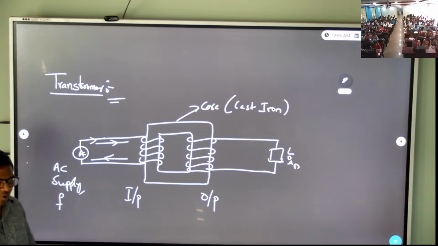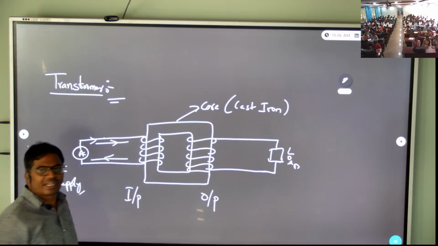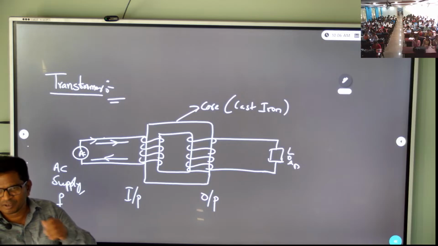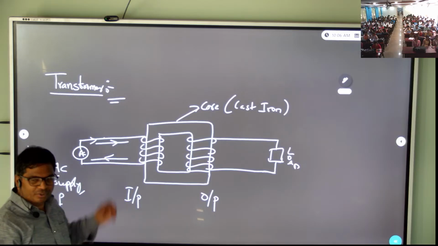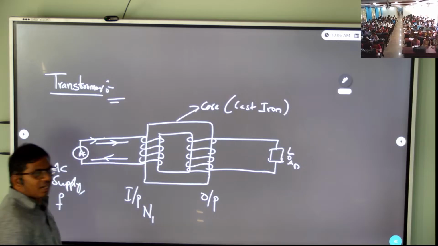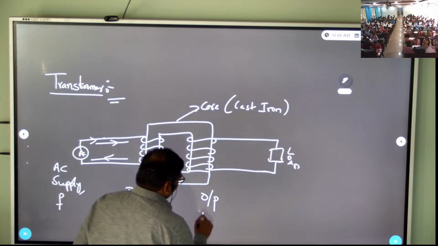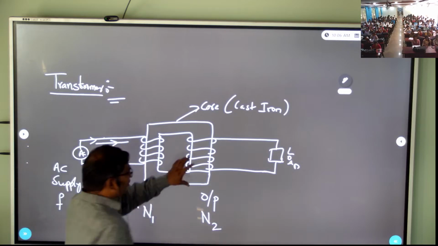Okay. So now here I am winding. How many turns am I winding? Let us say, because it is the input, the number of turns is N1. N1 is the number of primary turns. N2 is the number of secondary turns.